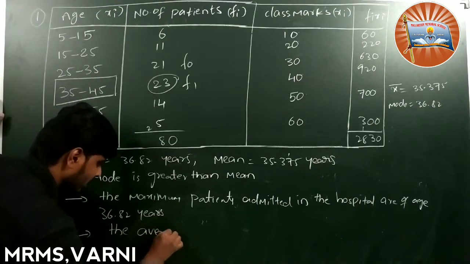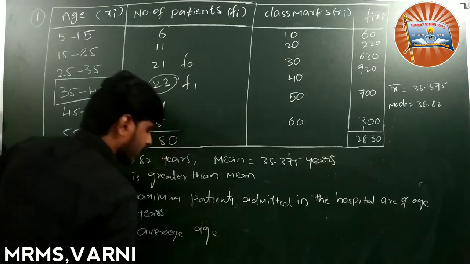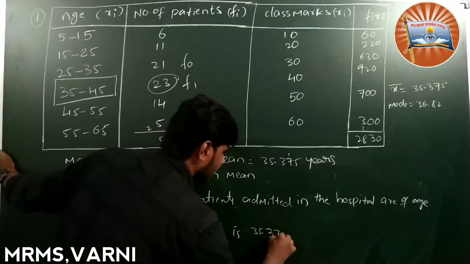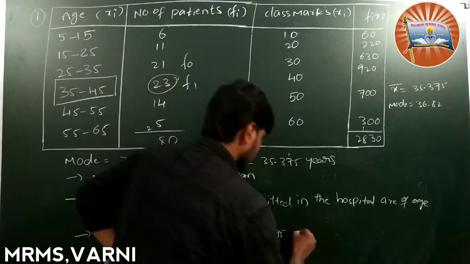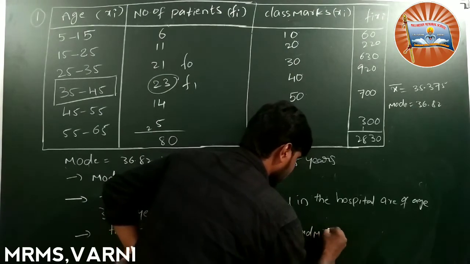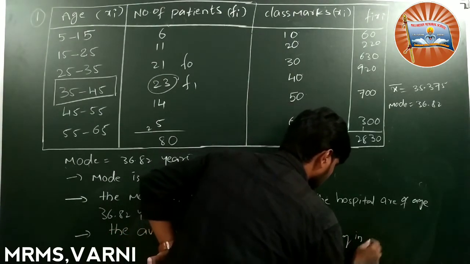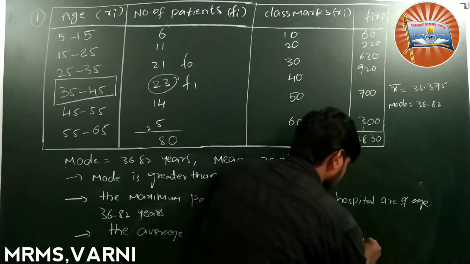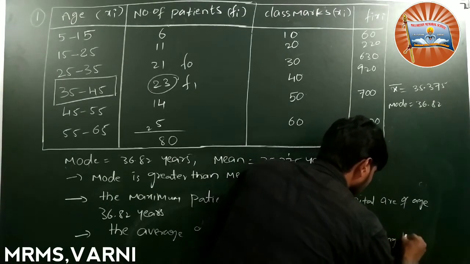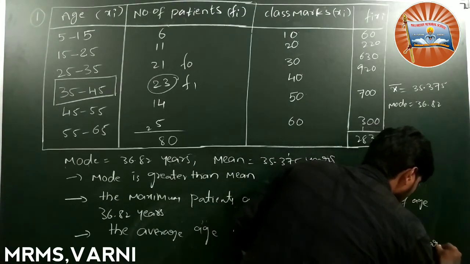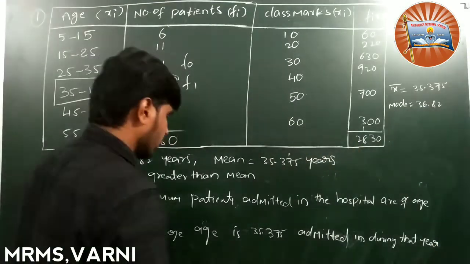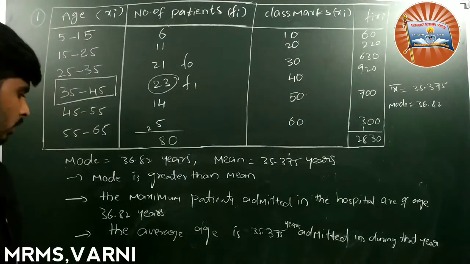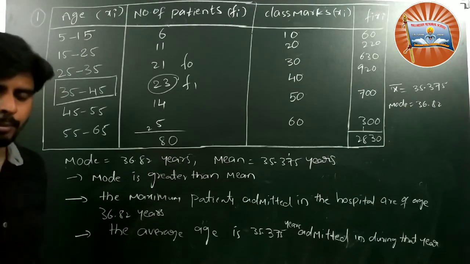The average age of patients admitted during that year is 35.375 years. Okay, 35.375 years. This is about mean and mode for the first problem, exercise 14.2.